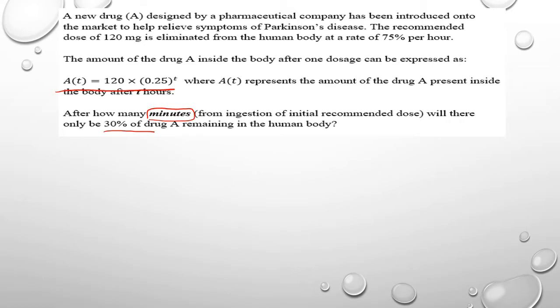Now we need to find what's 30%, because A of T is the amount of the drugs, so it's not a percentage. So the first thing is we're finding what's 30%. Now we need to go back and see what is the amount of the drugs. They've got 120 milligrams. So that's your initial amount of the drugs.